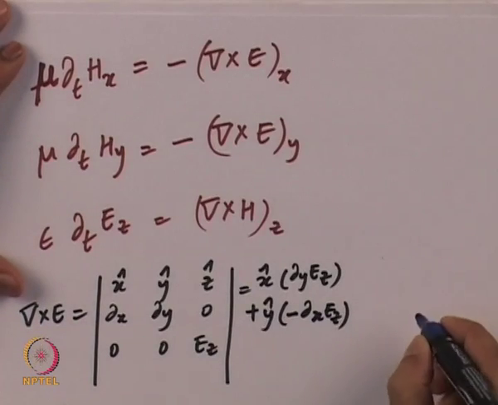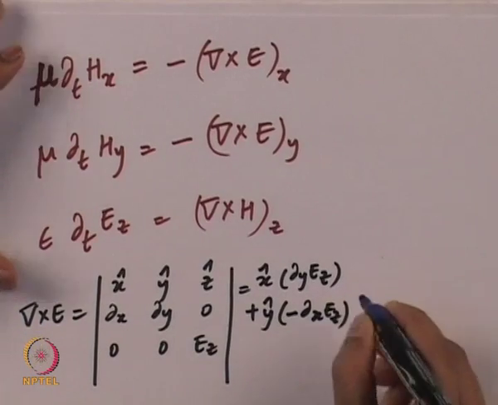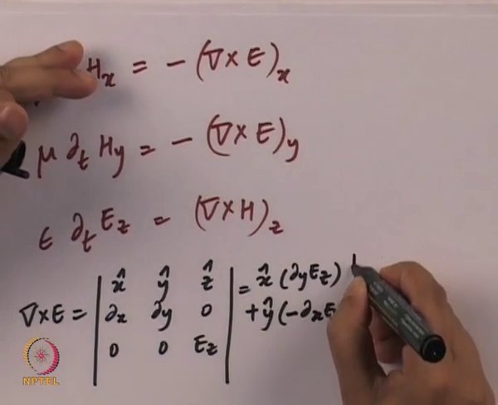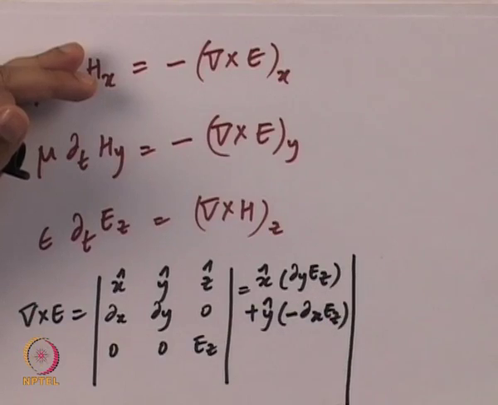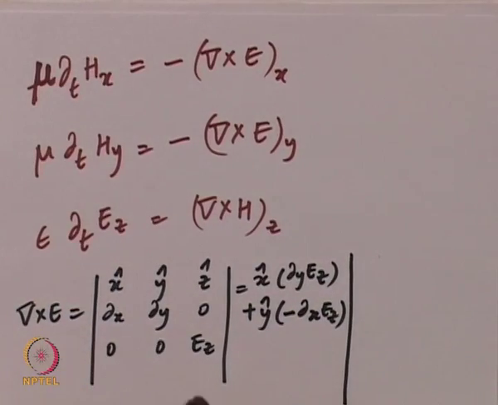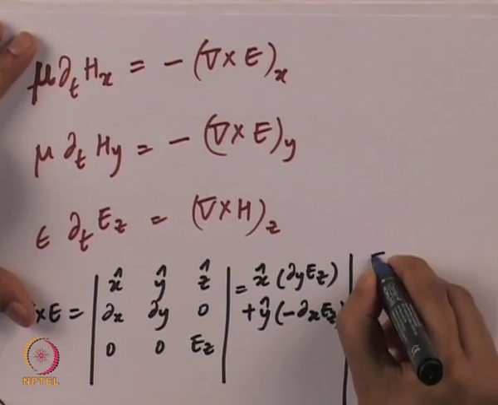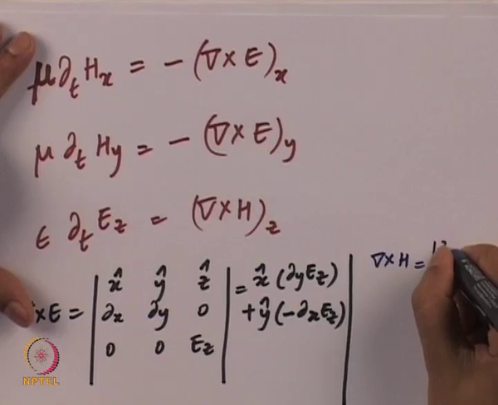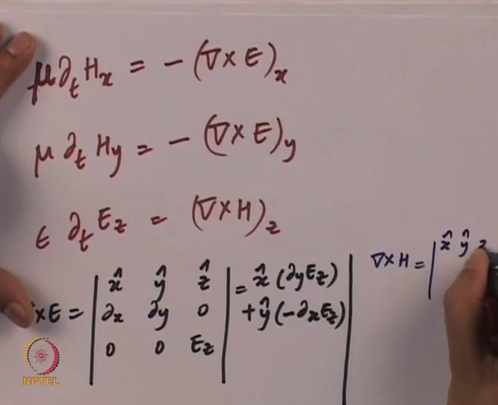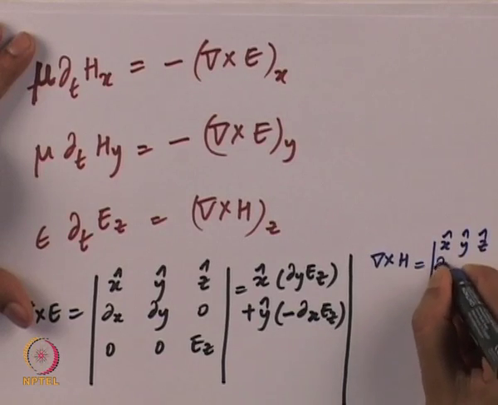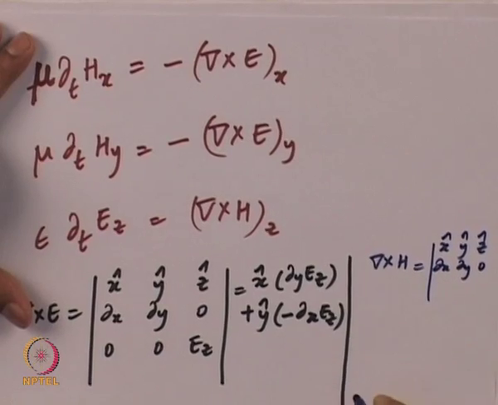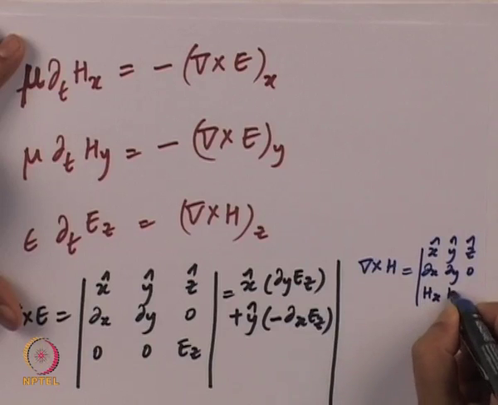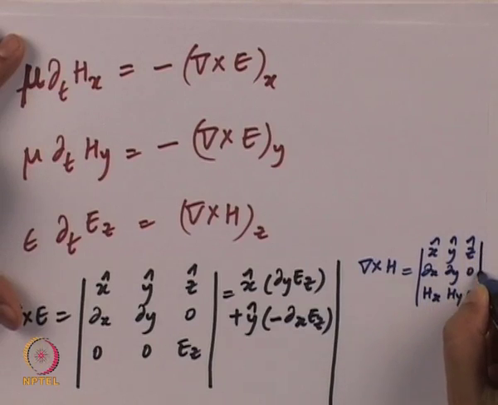and similarly the del cross H term. So the del cross H is equal to, similarly, x, y, z, dou x, dou y 0, and Hx, Hy 0.